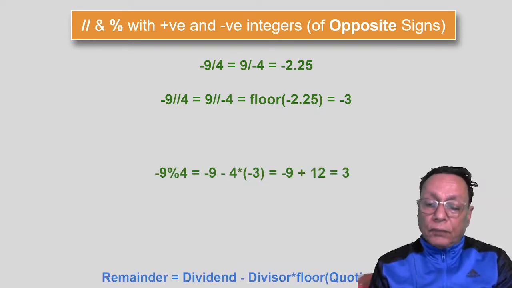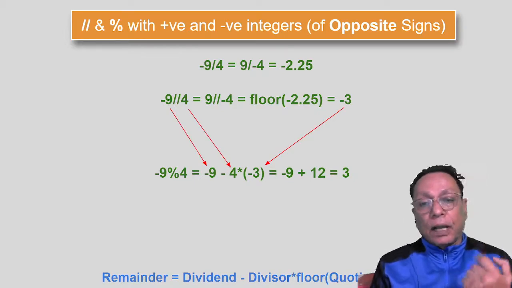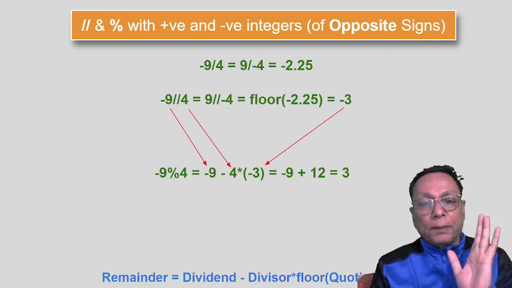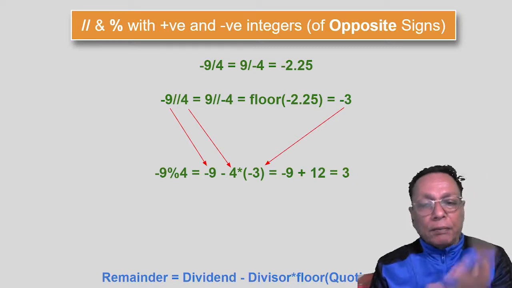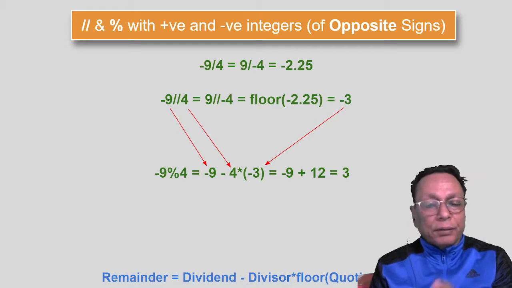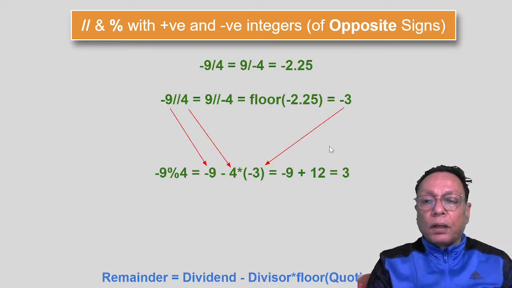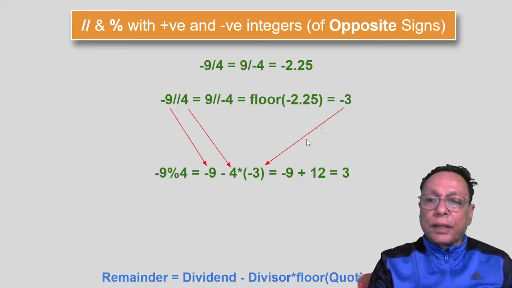Next, the relation: remainder is equal to dividend minus divisor into floor quotient. Now we are explaining this here. We found the quotient, now we are finding the modulus, that is the remainder. So minus 9 modulo 4 is equal to, how to calculate this? Attention please. Minus 9 is the dividend, minus divisor. The divisor is plus 4, so minus 4 into your floor quotient, minus 3.